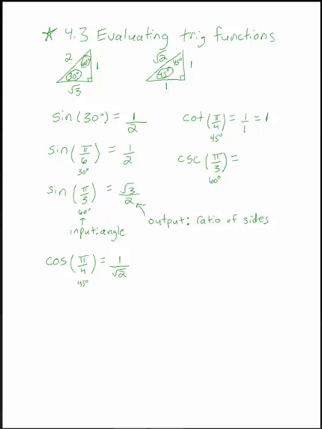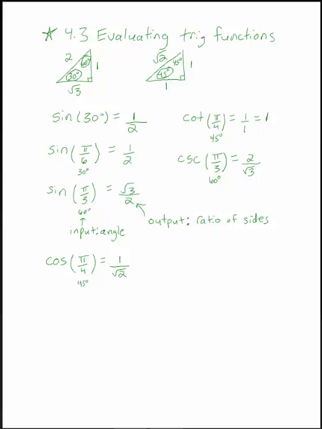And cosecant is going to be hypotenuse over opposite. So it's 2 over root 3. Now notice I could have answered that without even looking at the triangle, because I figured out that the sine of pi over 3 is root 3 over 2. So if I wanted to find the cosecant of pi over 3, it would just be the multiplicative inverse, or the reciprocal, which is 2 over root 3.